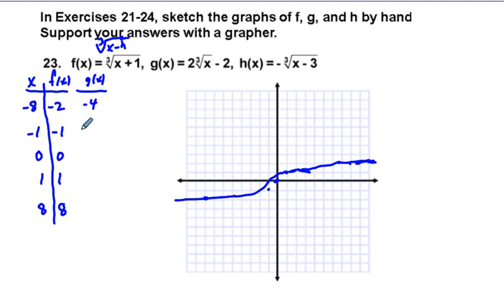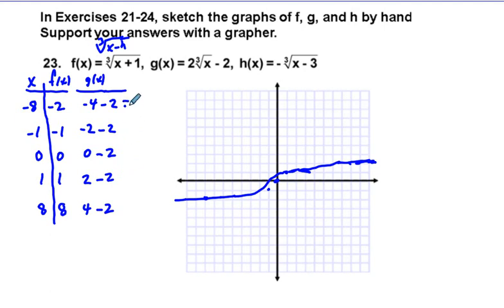Negative 1 is going to be negative 2. Then we have 0, 2, and 4. And then we're going to translate down 2 units. So we're going to subtract another 2, subtract another 2.